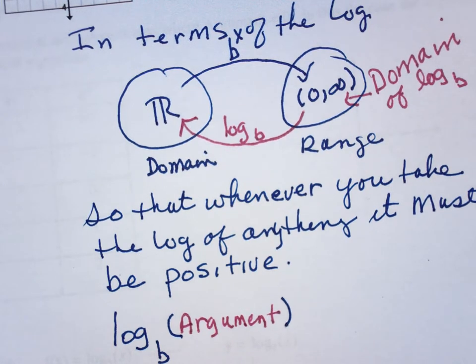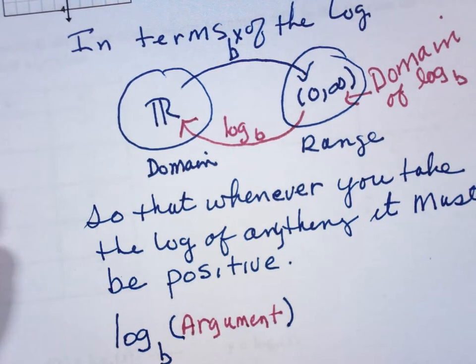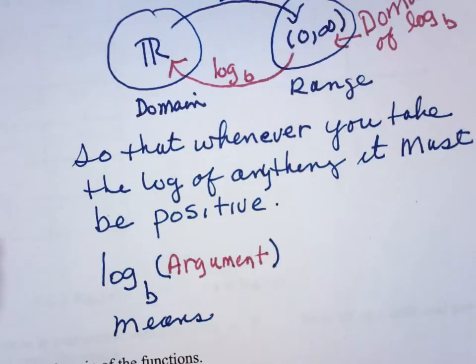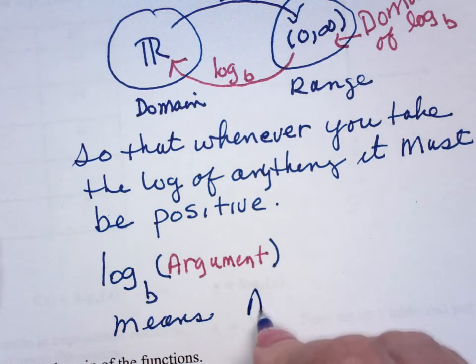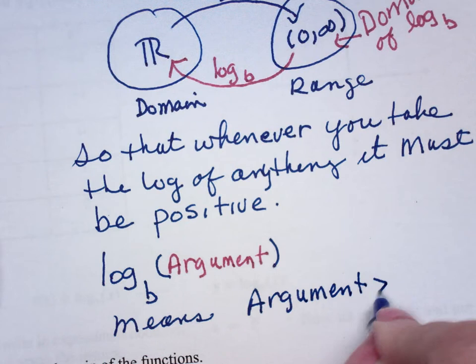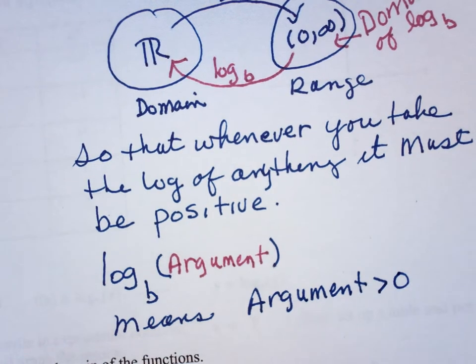Most functions really have arguments. And what this means to us is this: when I'm dealing with a logarithm, the argument must be positive. The argument must be positive.